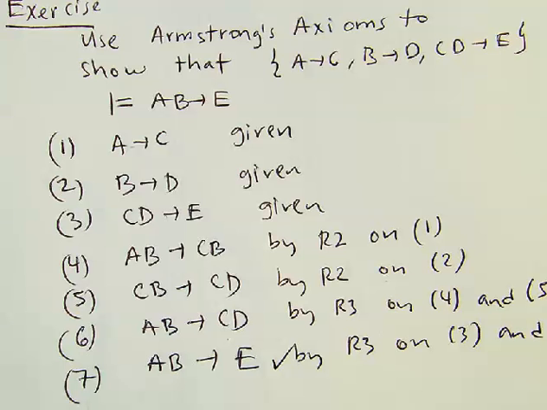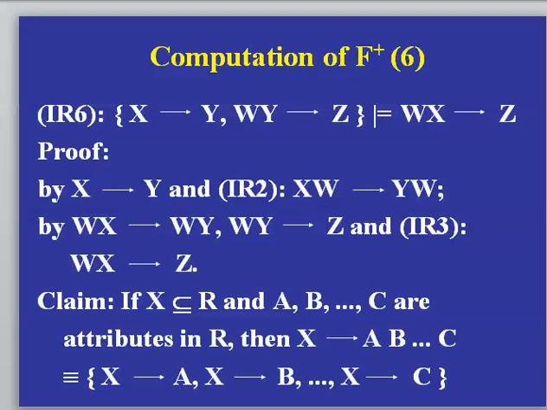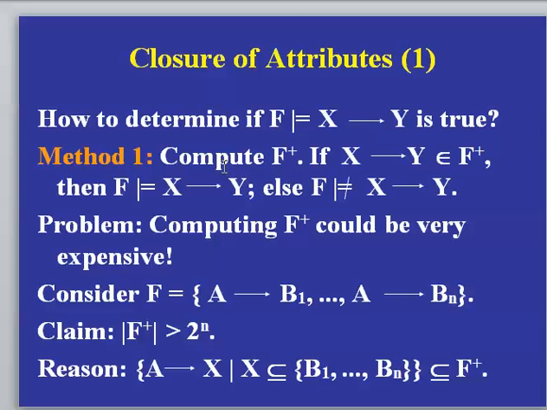Okay. Then if we continue with the computation of F plus, we have ways of using the Armstrong axioms, but then we also have something that we call the closure of attributes.